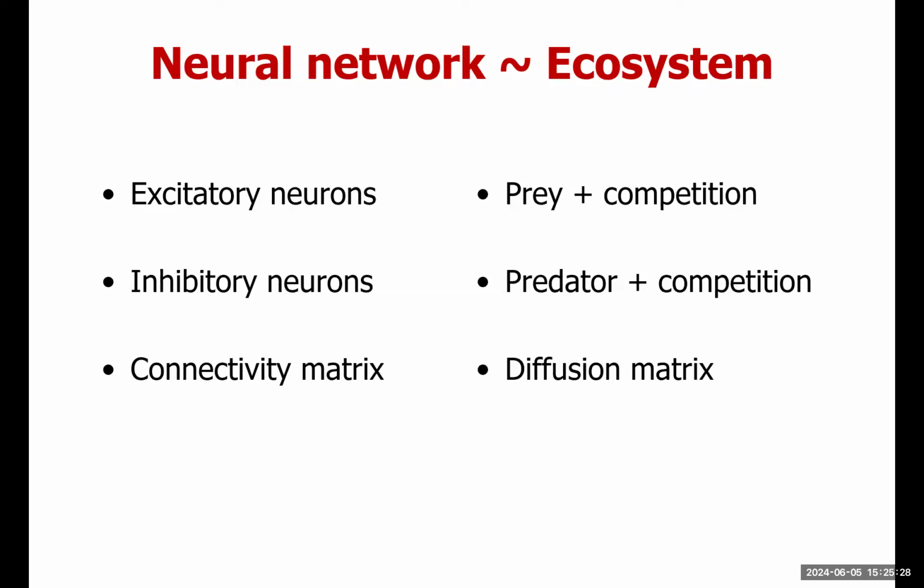The prey activate the predator. The predator is like the inhibition. The predator then stops the prey. So there are inhibitory neurons that stop other neurons from firing, and excitatory ones that cause them to fire. And then there's some sort of connectivity matrix in your brain, and that connectivity matrix is some complicated matrix.